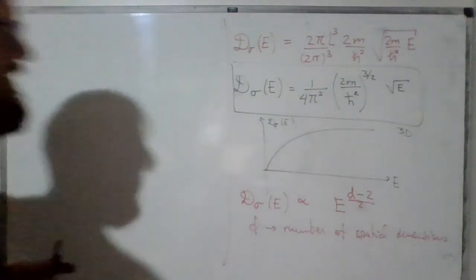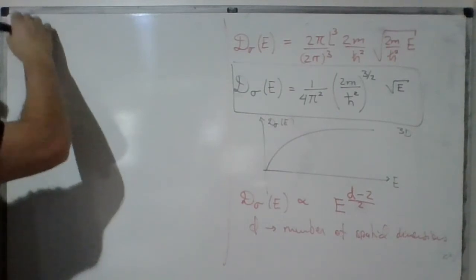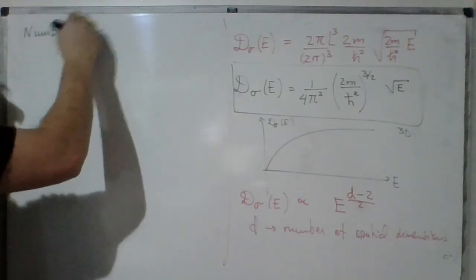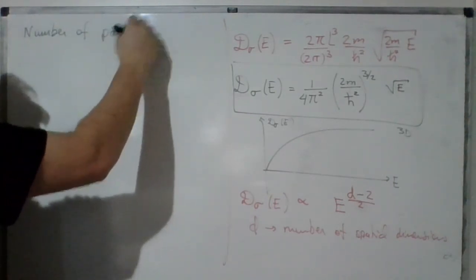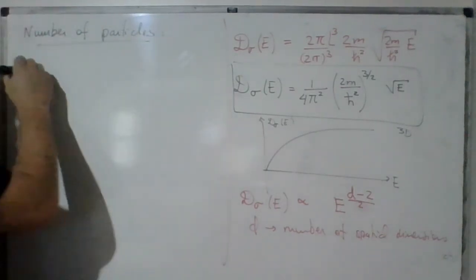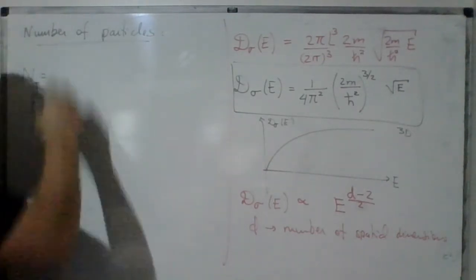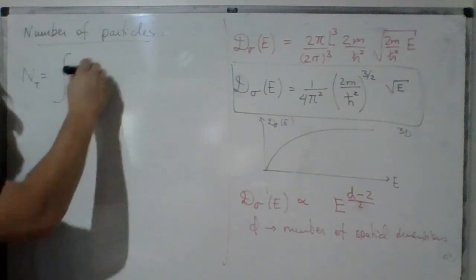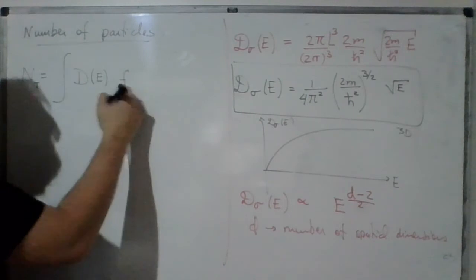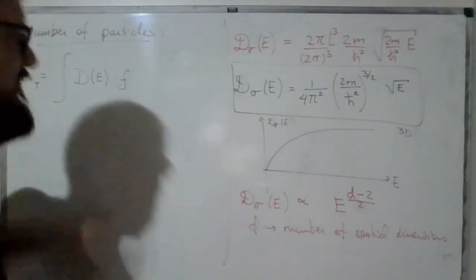when you are calculating something, for instance, if you want to calculate the total number of particles, N, the total number of particles corresponds to an integral over the density of states times the probability function, which is Bose-Einstein or Fermi-Dirac, according to the type of particle.